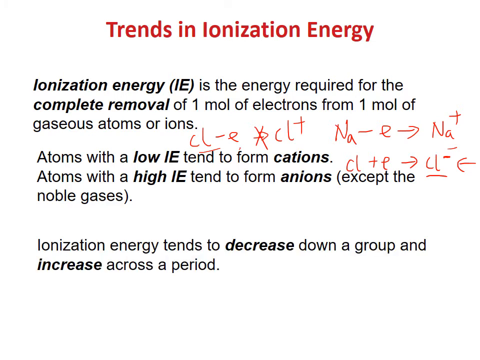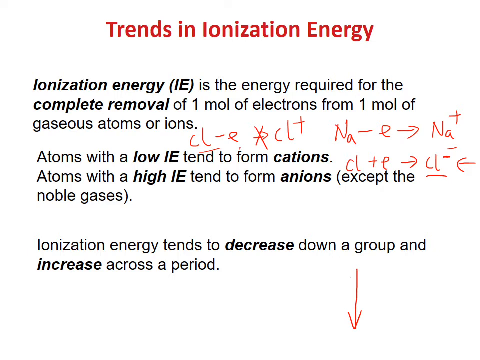Ionization energy tends to decrease down a group. We already know in the periodic table, down a group, the atomic size increases. When atomic size increases, the outer electron is further away from the nucleus, and therefore it's easier to remove, which means you need a smaller ionization energy. So going down a group, as the atomic size increases, the ionization energy decreases.